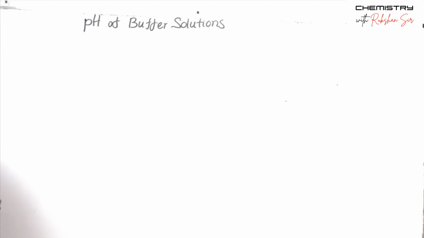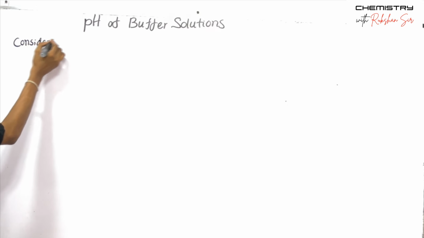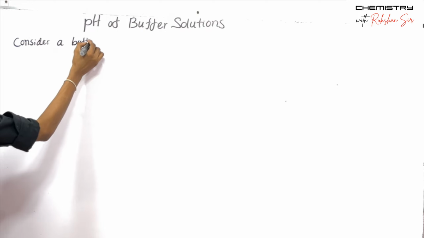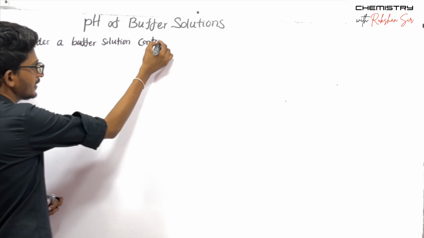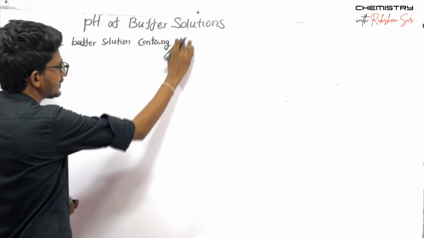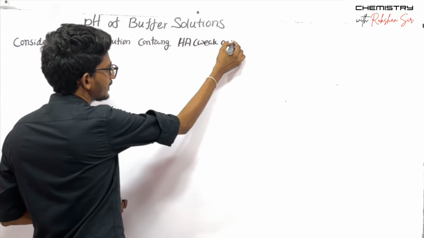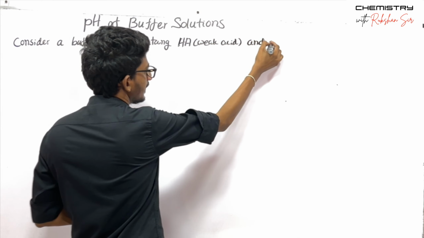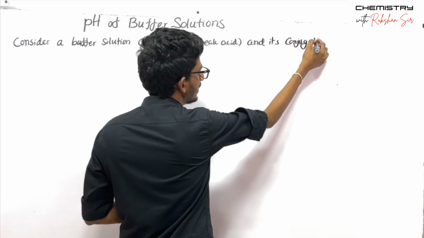So let's consider a system containing the weak acid HA and its conjugate base. Consider a buffer solution containing HA, weak acid, and its conjugate base.